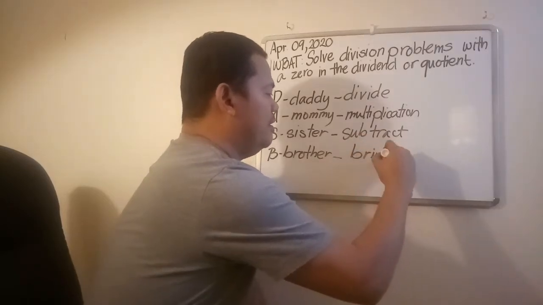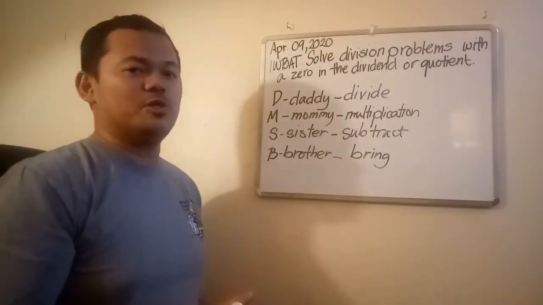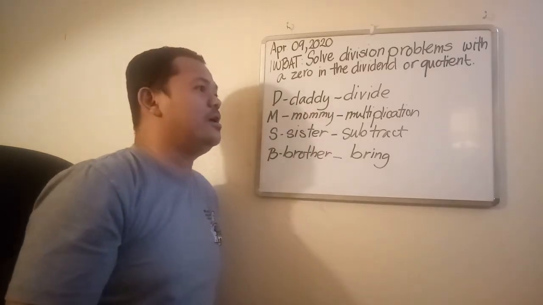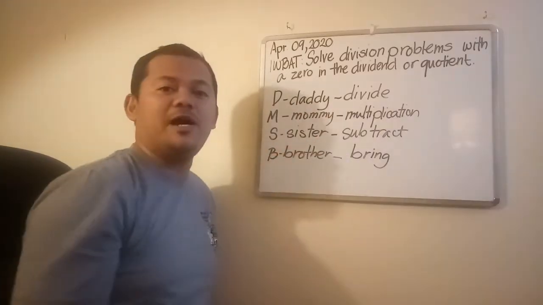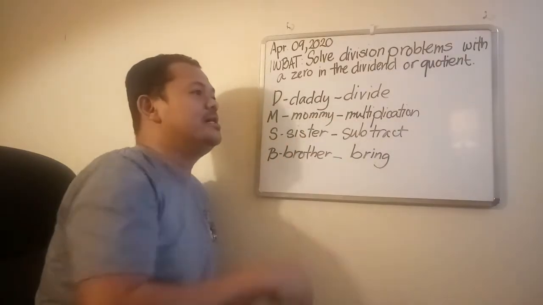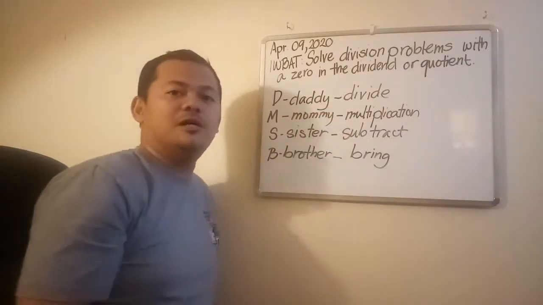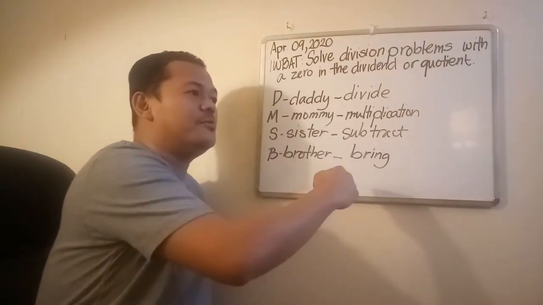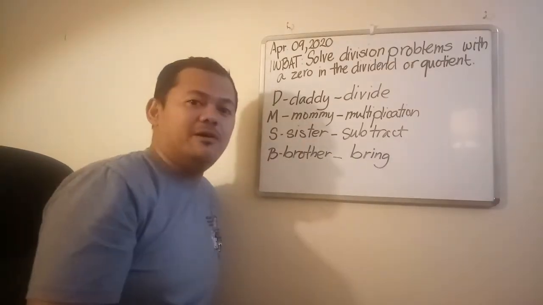So the whole process of performing the division is you divide first, then when you get the quotient, you multiply it with the divisor. Then you subtract the product from the dividend. And if there's a number, we bring it down.